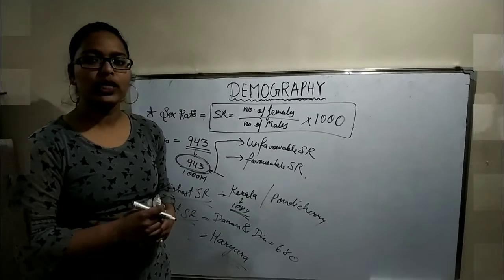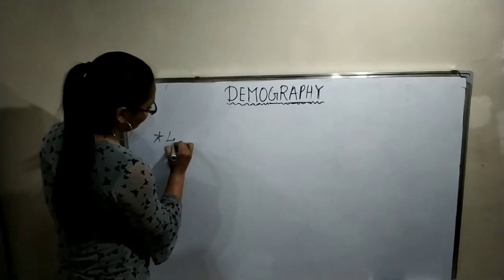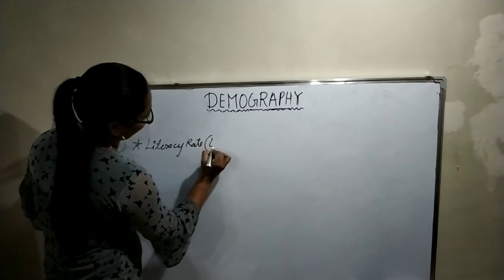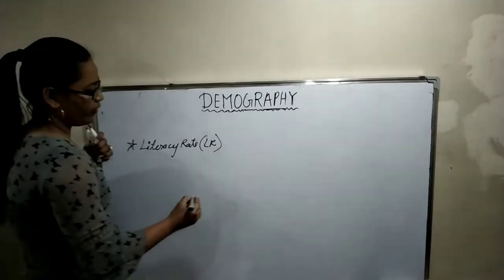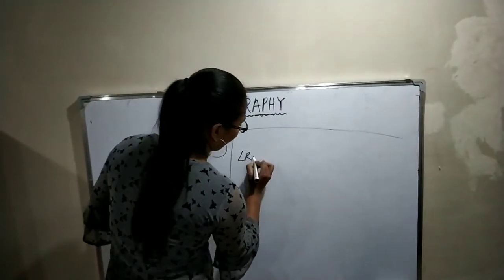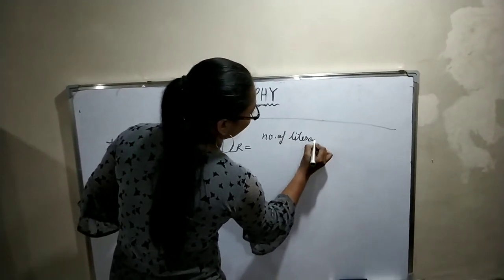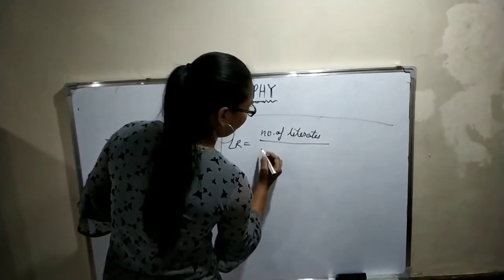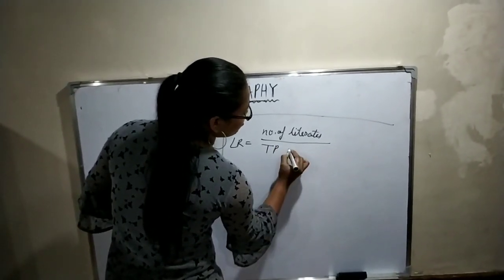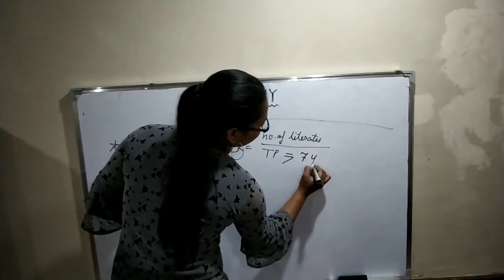Now we will come to the literacy rate. So the next and the last important topic is literacy rate. Literacy rate we can calculate by the formula. Literacy rate equals number of literates upon the number of total population, which is equal to or above 7 years.